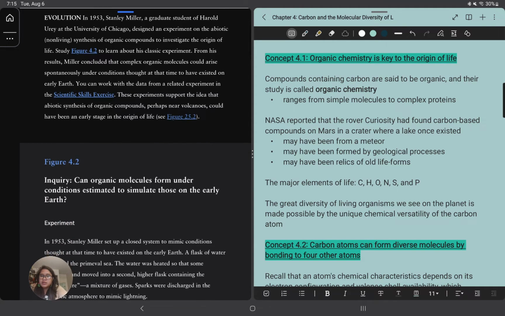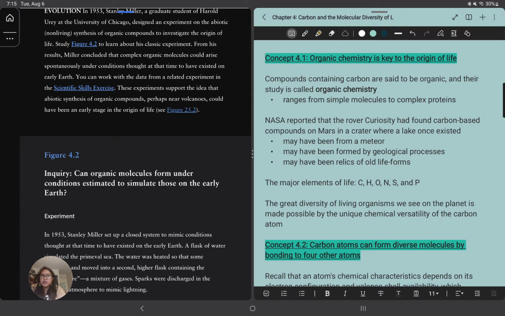From his results, Miller concluded that complex organic molecules could arise spontaneously under conditions thought at the time to have existed on early Earth. You can work with the data from the related experiment in the scientific skills exercise. These experiments support the idea that abiotic synthesis of organic compounds, perhaps near volcanoes, could have been an early stage in the origin of life.